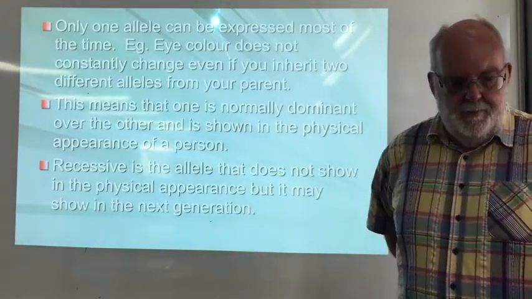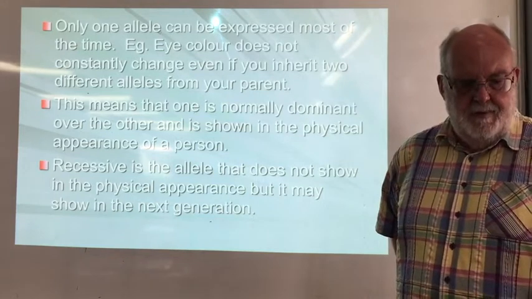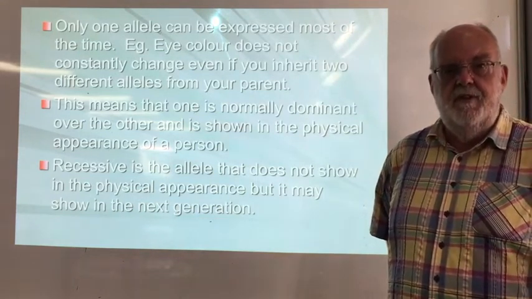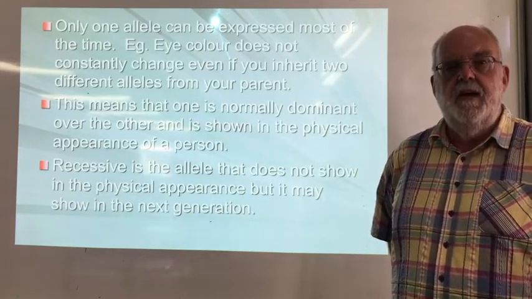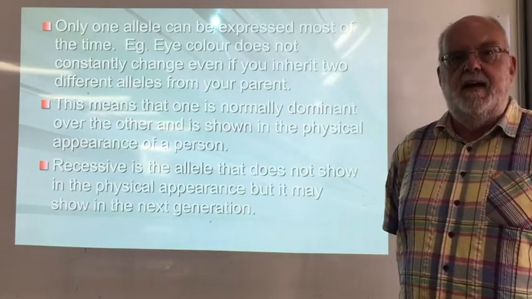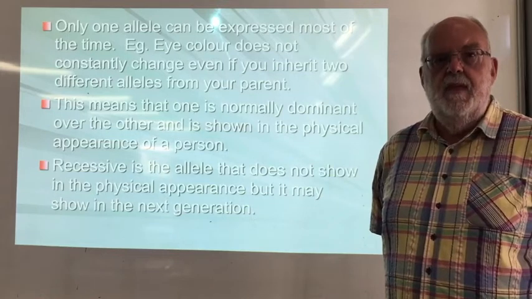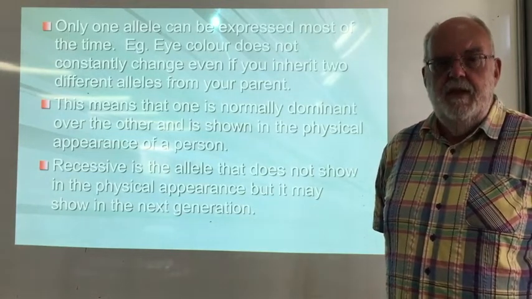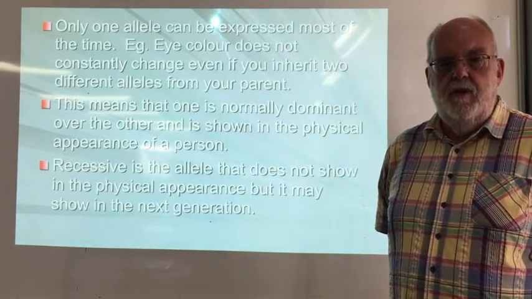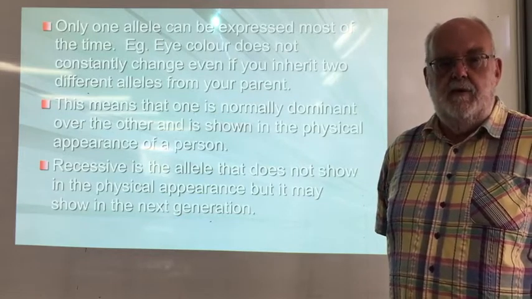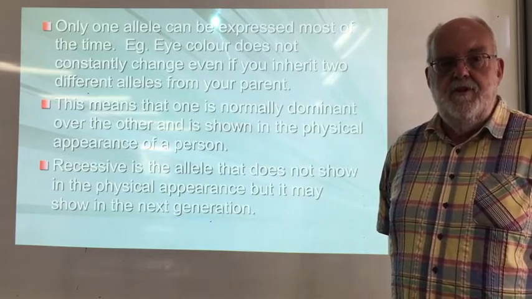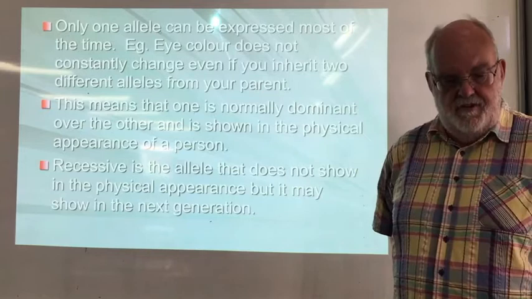It doesn't get expressed in the physical appearance, but it may be passed on to the next generation. So a good example is the allele for eye colour, where we're talking about blue eyes. The blue allele is the recessive allele, so you may have brown eyes, but you may well be carrying the blue allele from your father or your mother, which you can then pass on to the next generation.